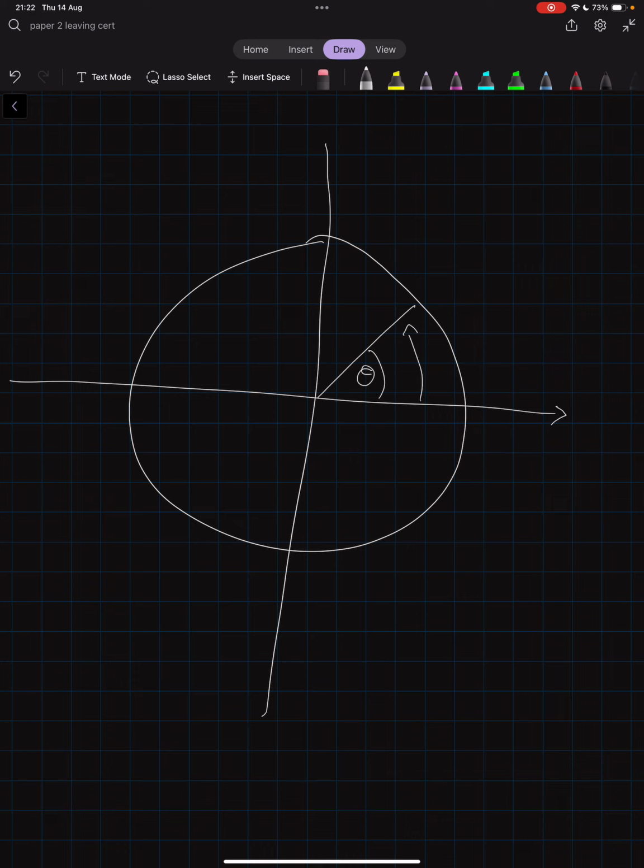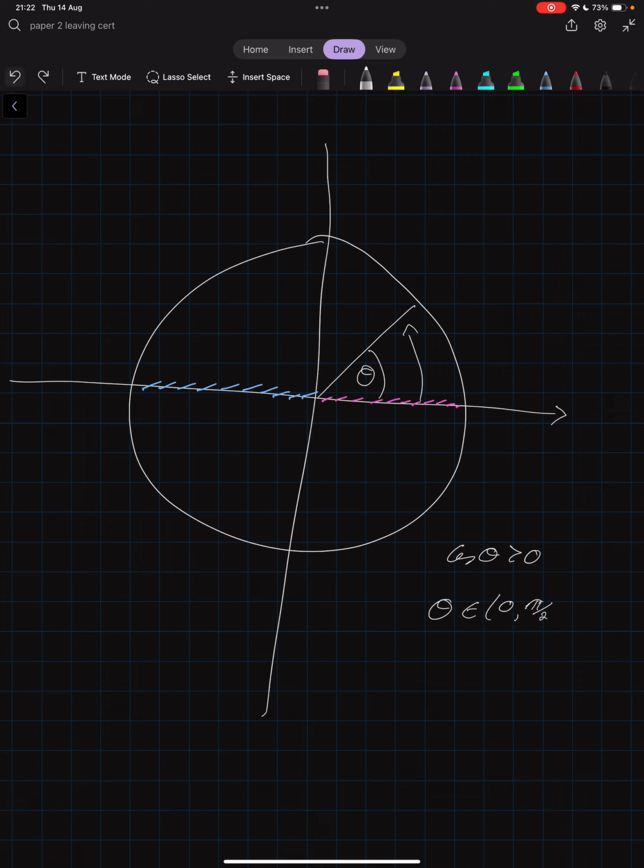Cos is always positive here, and always negative here. So if I say when is cos theta positive, you could say cos theta is greater than 0 when theta is an element of 0 to pi over 2. Remember, pi over 2 is 90.